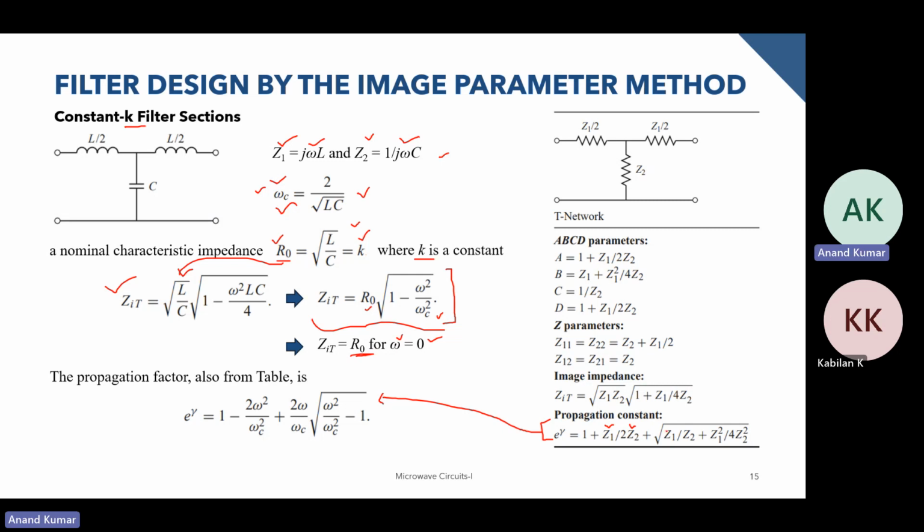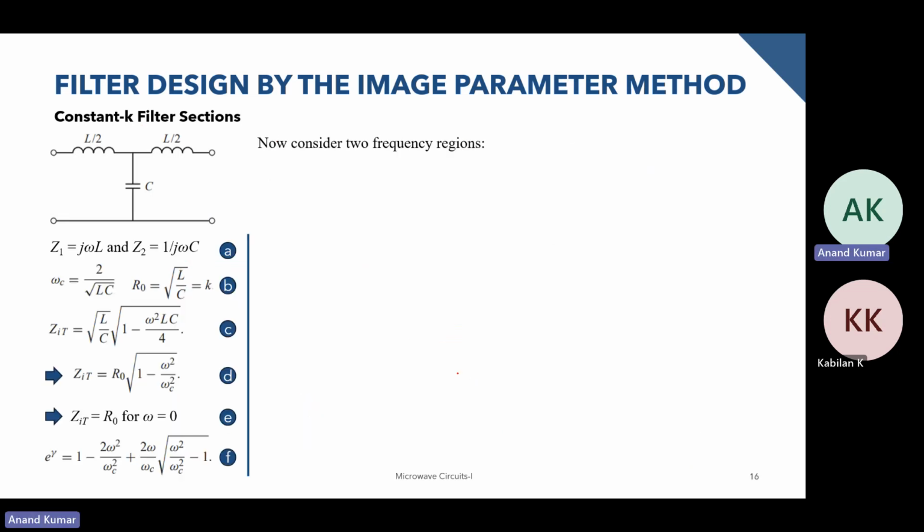So once we substitute this root over omega c and R naught into this expression over here, we will end up with our propagation factor looking like this. So this is our propagation factor. And once we have this expression, we can plot the propagation factor with respect to this omega over here. So now we'll do that.